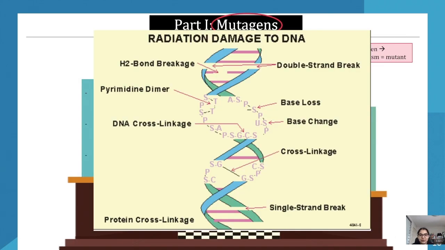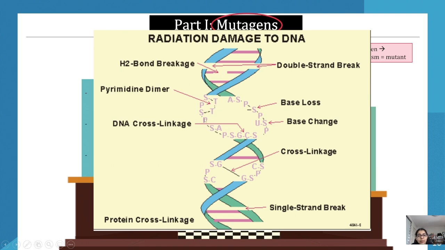Okay, moving on. Here we go. These are our pyrimidine dimers. As you can see, radiation can cause hydrogen bond breakage in the DNA. As we know, the bases have hydrogen bonds holding them together, and these hydrogen bonds can break.